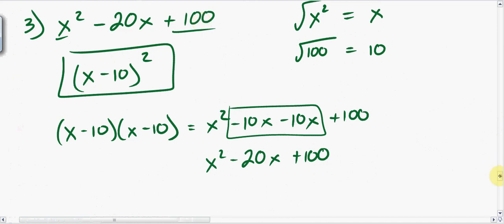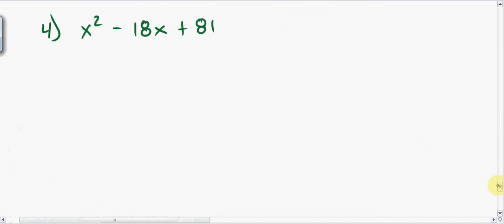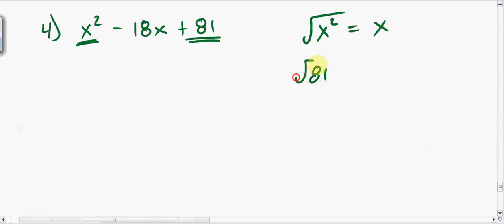So, last one. X squared minus 18x plus 81. We've got a trinomial. I'm going to analyze the first and last term. Are they perfect squares? X squared, take the square root of it, I get x. 81 is a perfect square. When I take the square root of 81, I get 9.